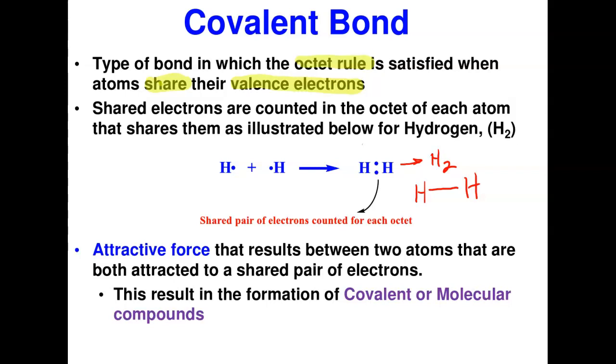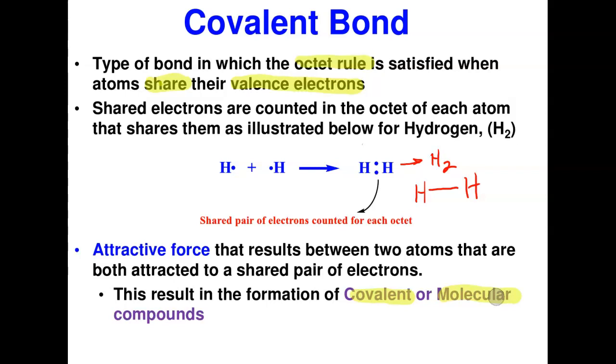And the result of this bond gives rise to what we call the covalent or the molecular compound. If you don't call them covalent, you can call them molecular compounds. Unlike the ionic compounds, which are formed as a result of transfer of electrons from a metal, which are gained by a non-metal, this involves the sharing of electrons.